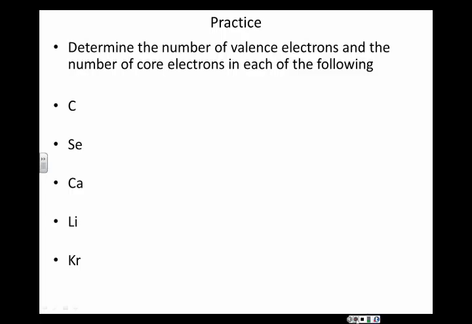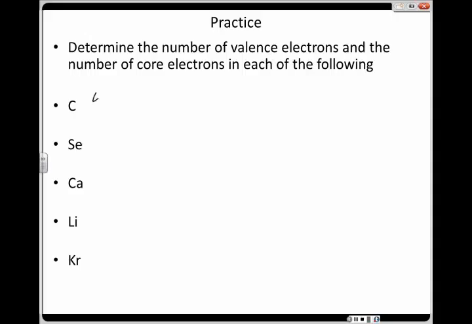Okay, so carbon is in group 4A, which means it has 4 valence electrons. That's simple enough. Now you may be thinking, what do you mean by core electrons, Steve? Core electrons are any electrons that are not valence electrons.